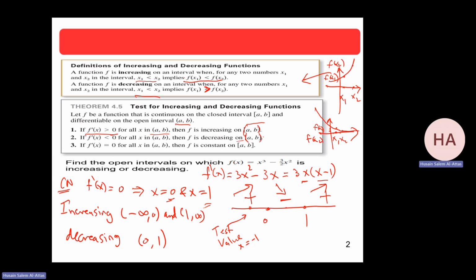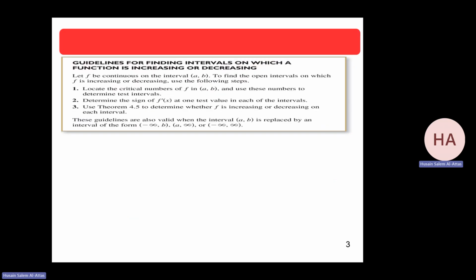Now, when you have different functions, we need to deal with it differently. Each different function will give us different ideas. So what are the guidelines to finding intervals in which a function is increasing and decreasing? If you have a continuous function, first we'll find the critical numbers. Then we determine the sign of f prime at one test value in each of the intervals.